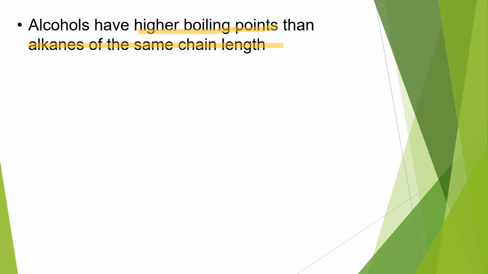Say for example, you have methyl alcohol, CH3OH, and its parent alkane is methane, CH4. Both have the same carbon, but methyl alcohol has a higher boiling point compared to its parent alkane, methane.